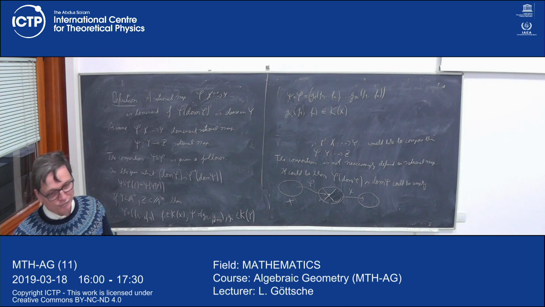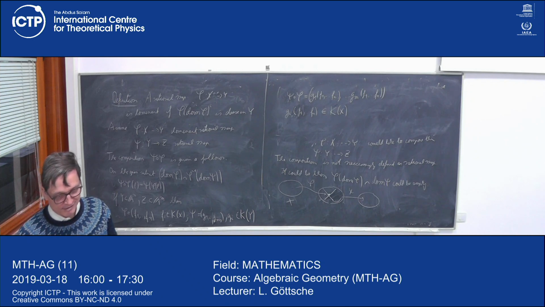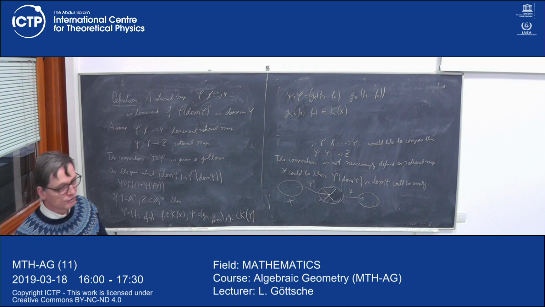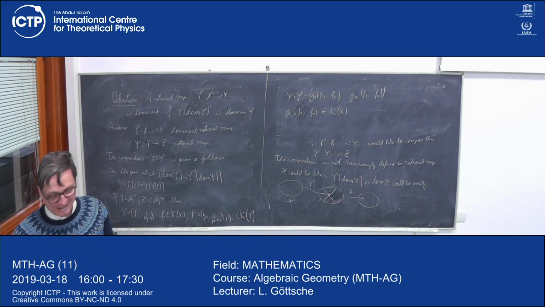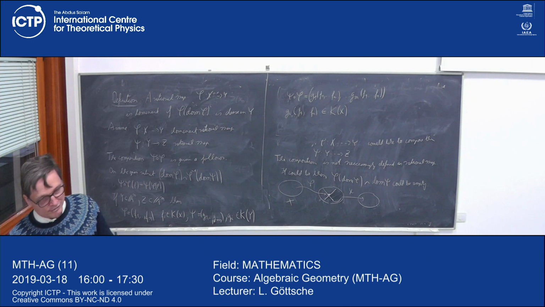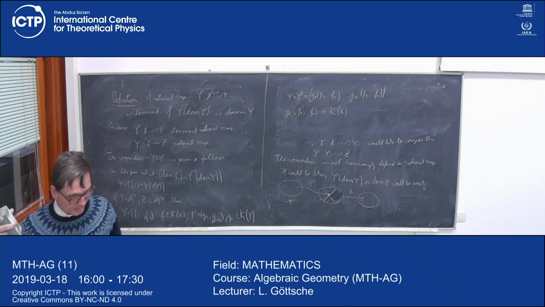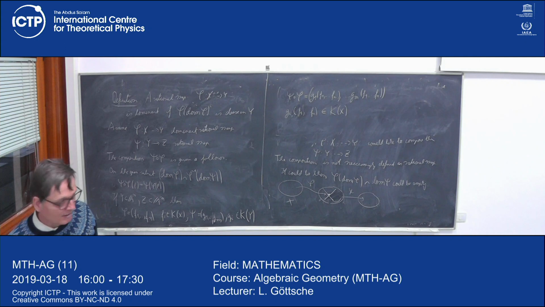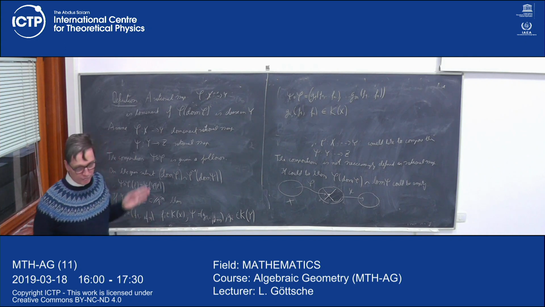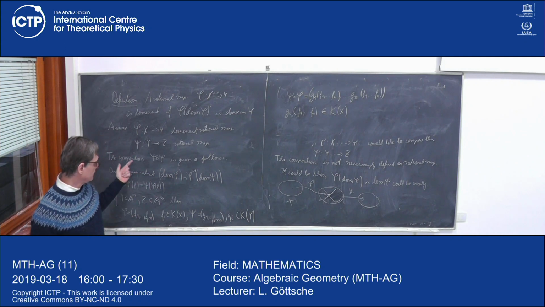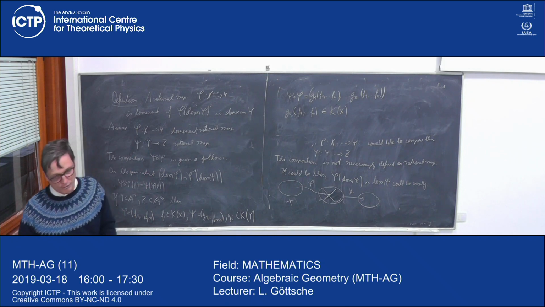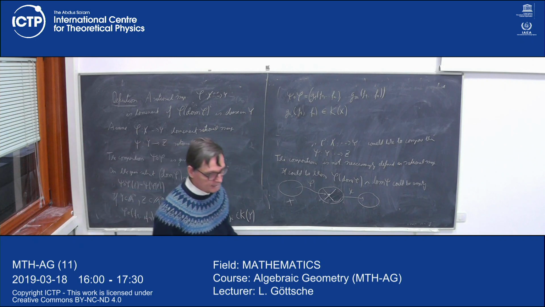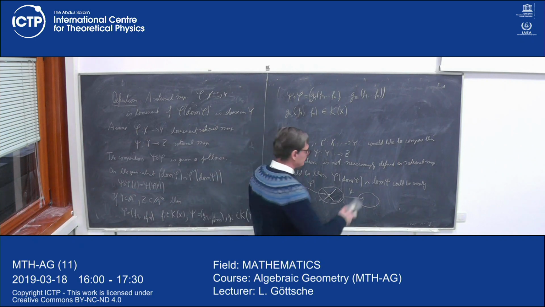But you certainly don't want to require that the image is open. It's not necessarily true that if you start with an open subset, the image will be open. It can be something that is neither open nor closed. But we don't have to worry about this. For this definition, it's enough that the image is dense. I think it would then follow, if you look more carefully, that it contains an open subset, but we don't care about it.